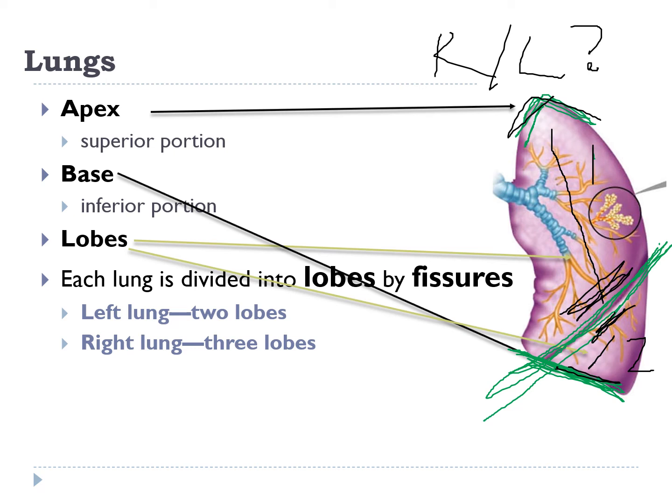Well, if you remember a couple slides ago, what did we say took up this space right here in the middle? It was the heart, right? And so the heart, from a space perspective, acts like a third lobe. So this would be the left lung, because you can see the heart is taking up space, leaving only space for two lobes.